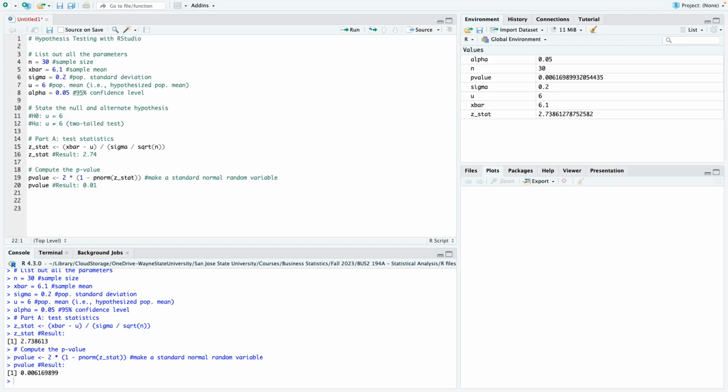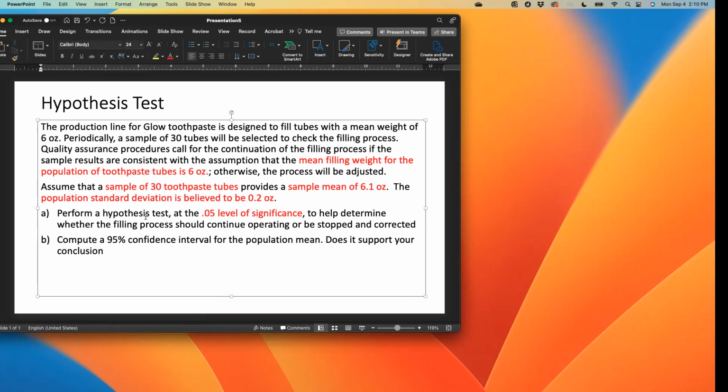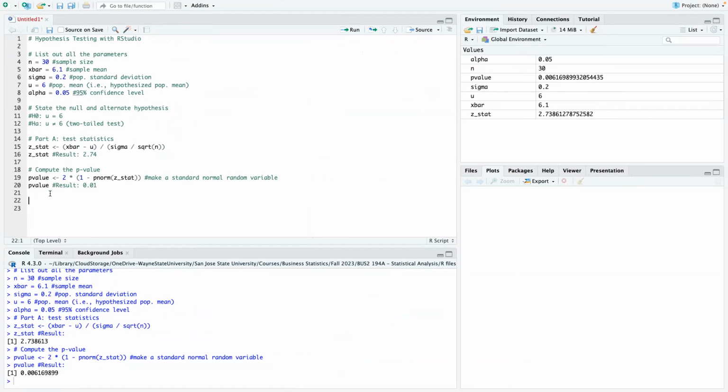But then the question says we should perform that hypothesis test, right? So the next thing we have to do is determine whether we reject the null or do not reject the null hypothesis. So I'm just going to write a very simple if else function to help us with that. Reject H0 if your p-value is less than or equal to alpha, right? That's when you reject H0.